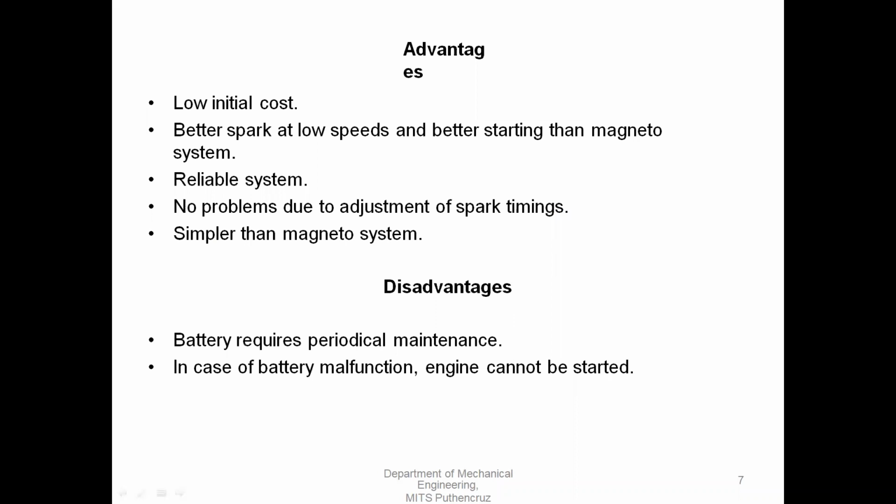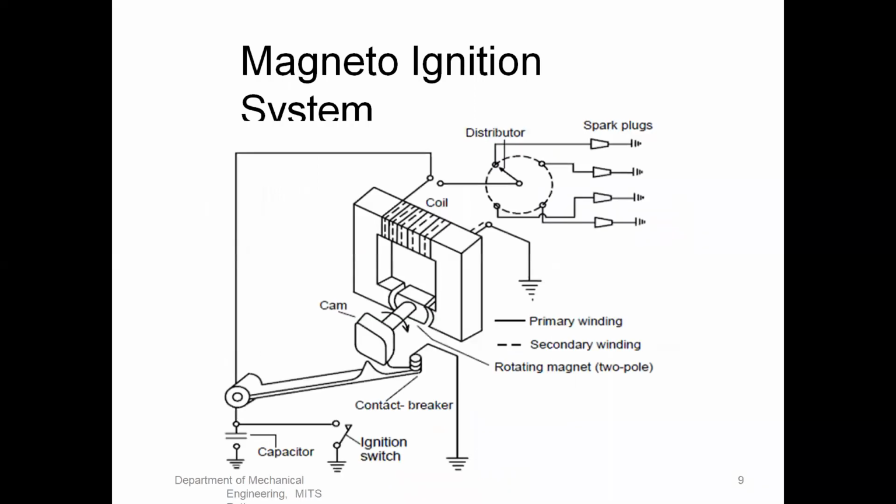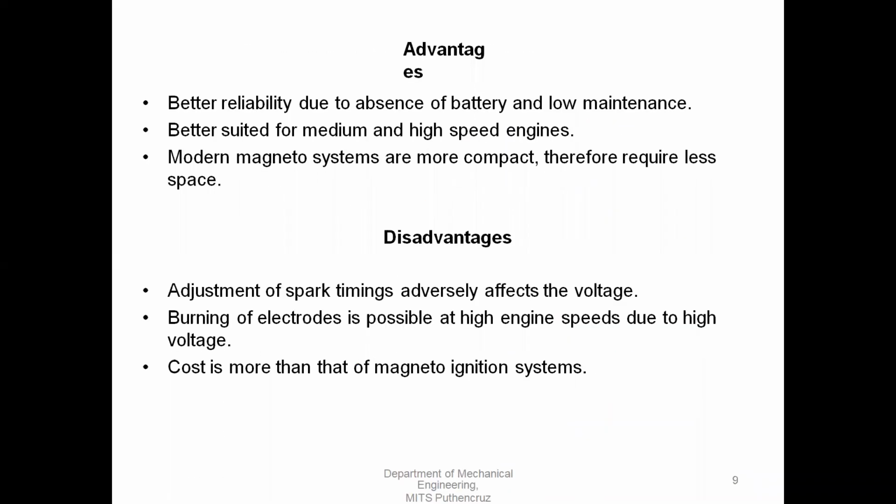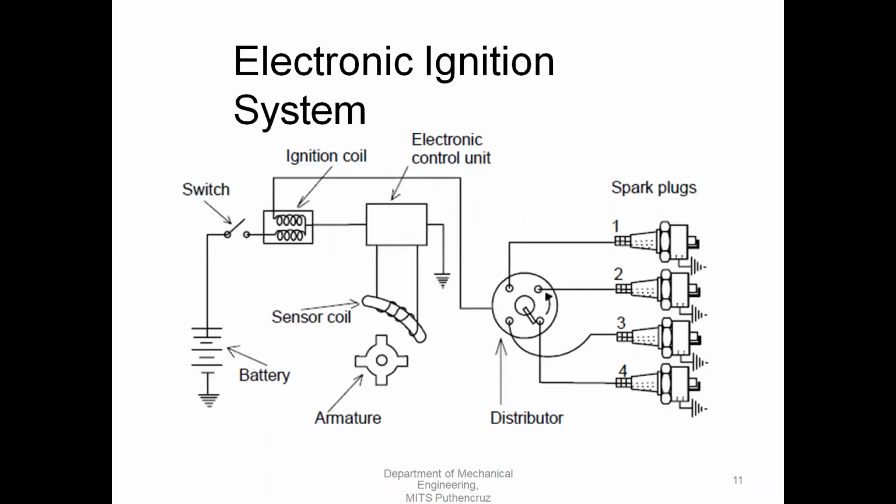Its advantages are low initial cost, better spark at low speeds, and better starting than the magneto system. It is a reliable system, with no problems due to adjustment of spark timings, and simpler than the magneto system. So these are the different connections of the battery ignition system, magneto ignition system, and electronic ignition systems.